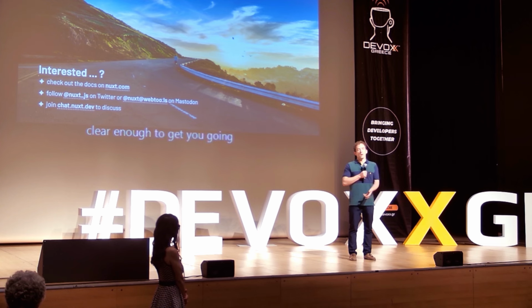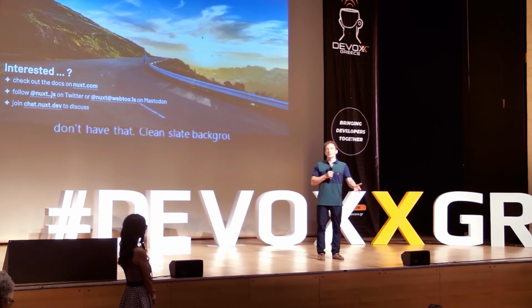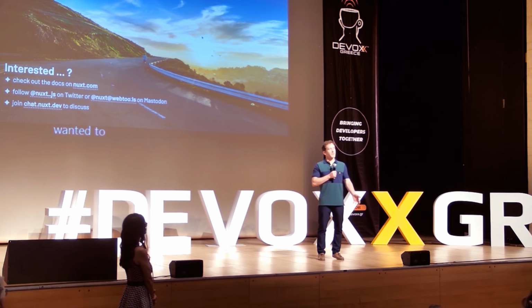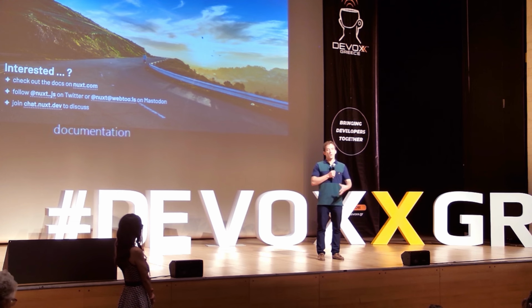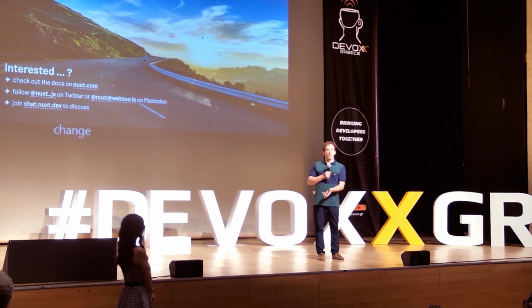So you are one of the few people who can spot that bug, because I have already created lots of Nuxt projects. So I'm not going to spot the bug. I don't have that clean slate background. So you could, if you wanted to, give the gift of fixing that spot in the documentation. And just figuring out how to fork a repo and make a change might be quite a helpful thing.